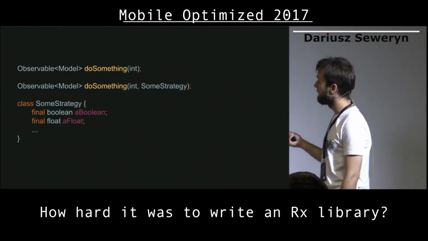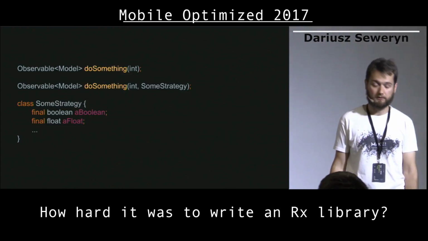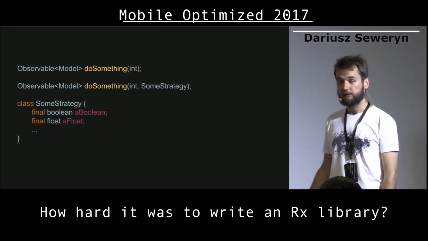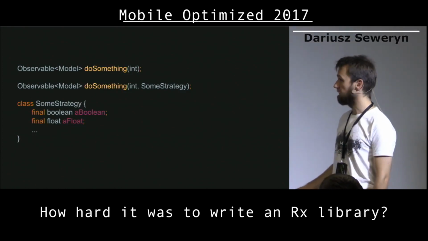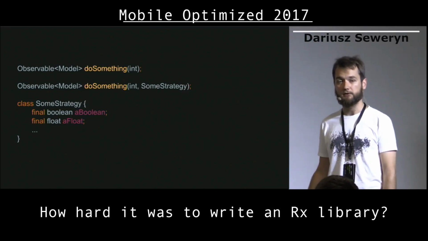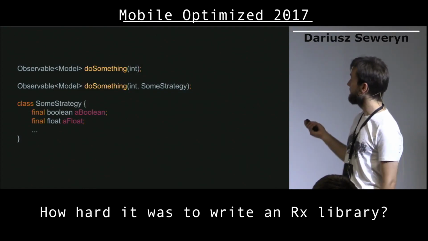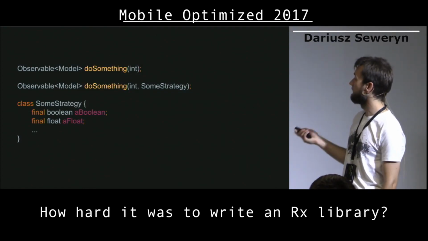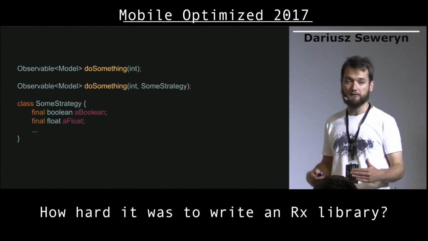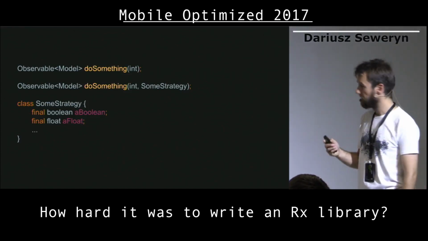And a strategy would contain the default values for the calls. Having a builder with that gives the user the ability to learn the usage of the library only by using the API, because they will see that they need some strategy. The strategy would have a builder, and the builder would have only the methods that are relevant to this particular call.